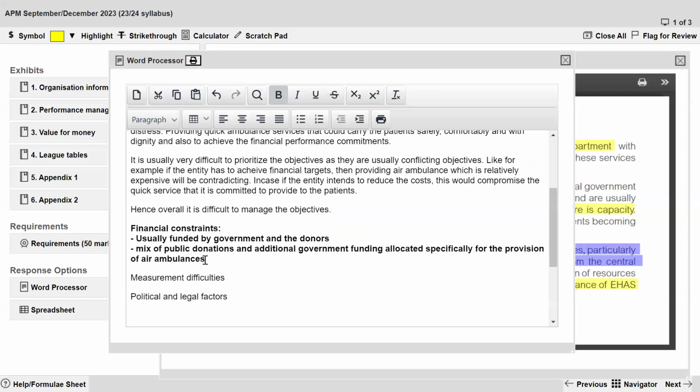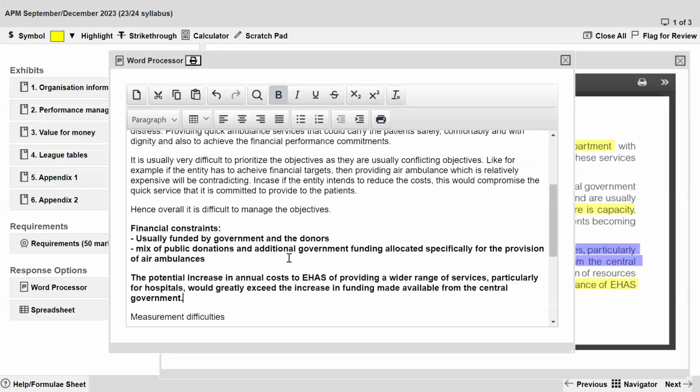Okay. What I've done is I've just copied the relevant pointers here. And now I'm going to create an answer from the relevant pointers. So, three, with respect to the financial constraints, it is usually funded by government and the donors. So the public donations and additional government fundings are needed to meet the expenses.